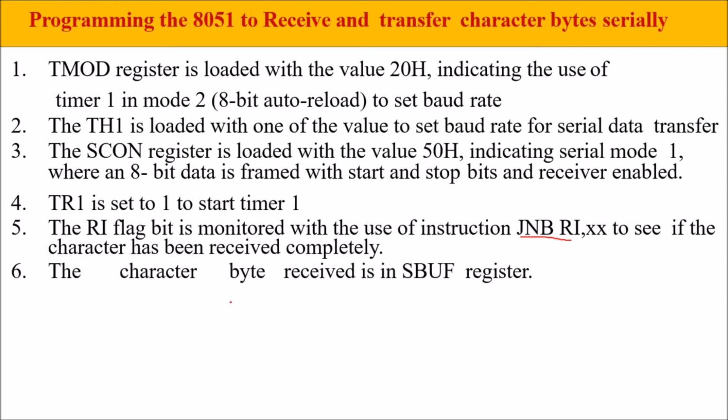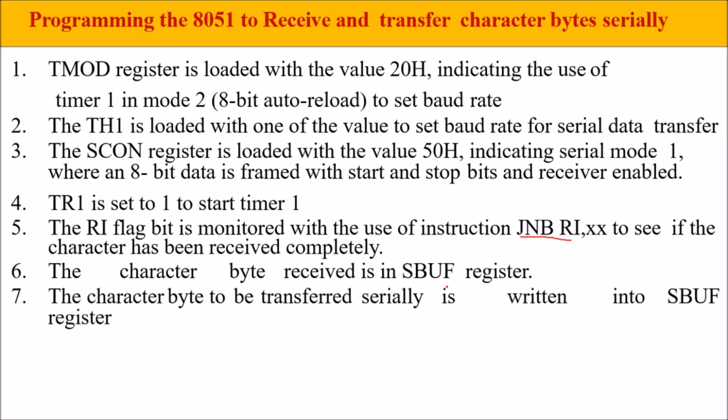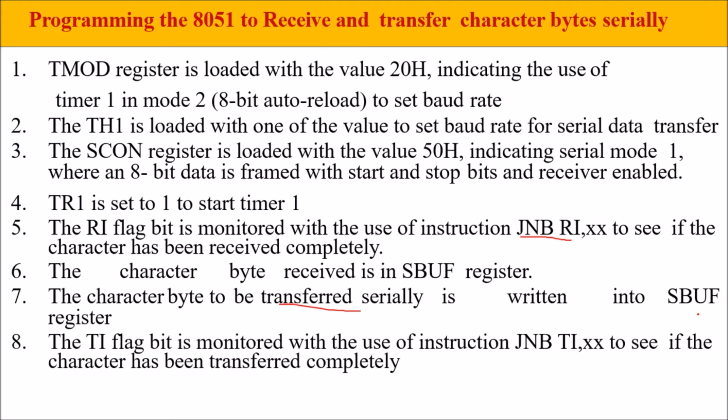If the character is received, then it will be in the SBUF register. We can read that character, and the received byte will be transferred serially. So whatever character we have received in SBUF, we will store that again in the SBUF register to transmit this character.